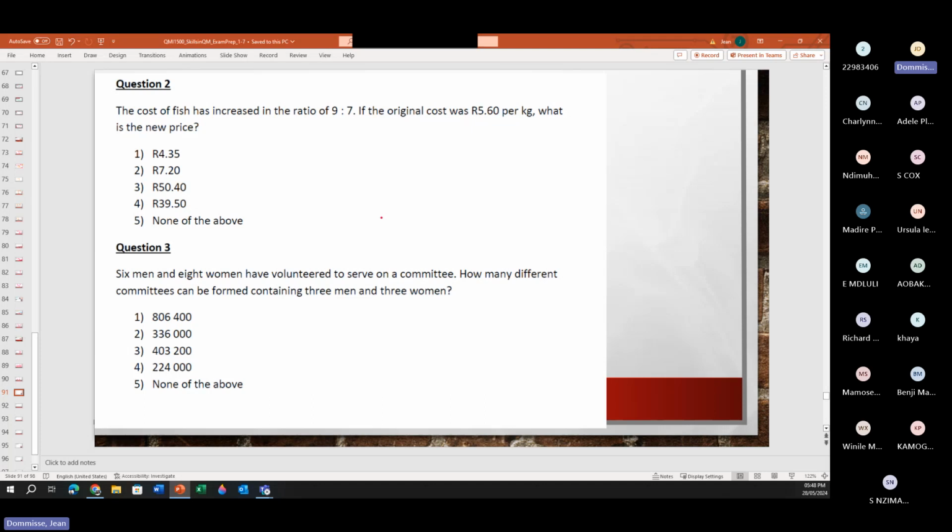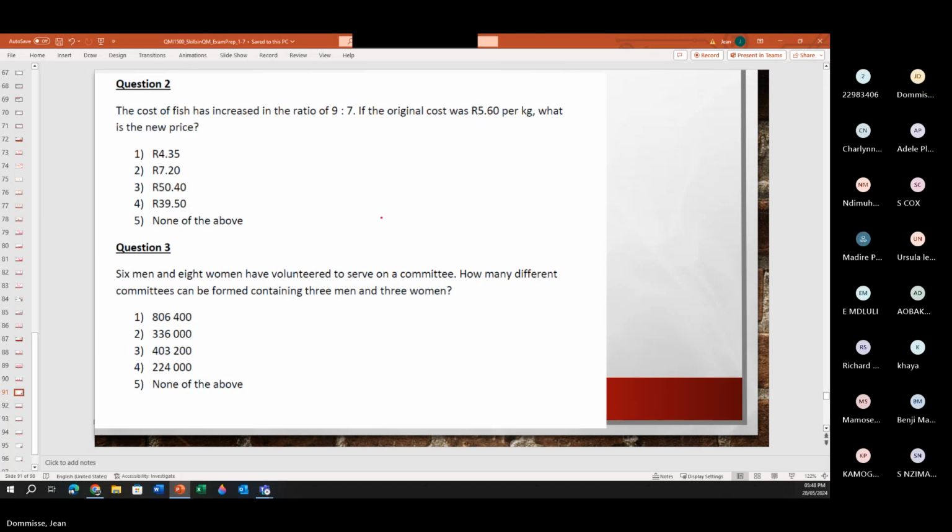Okay, this is an interesting one. The cost of fish has increased in the ratio 9:7, so 9/7 times 5.6.